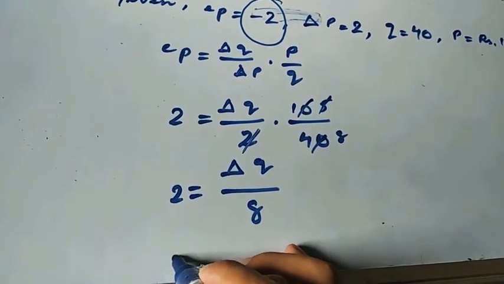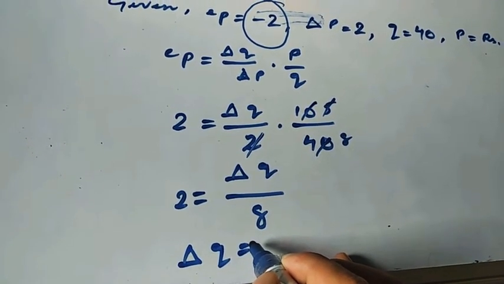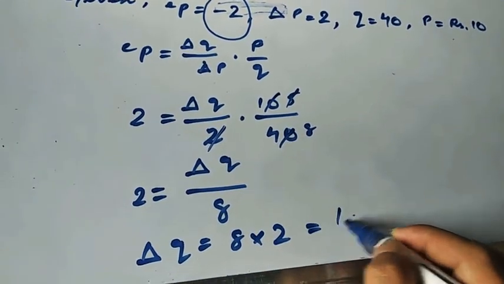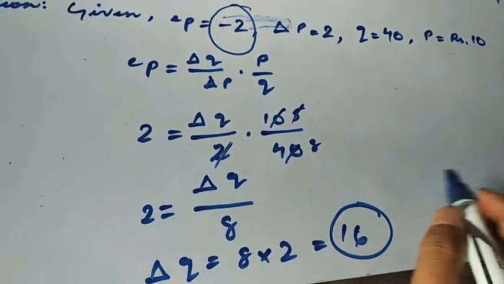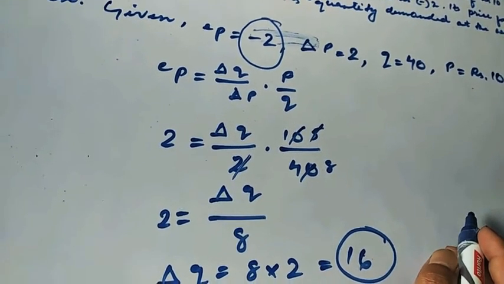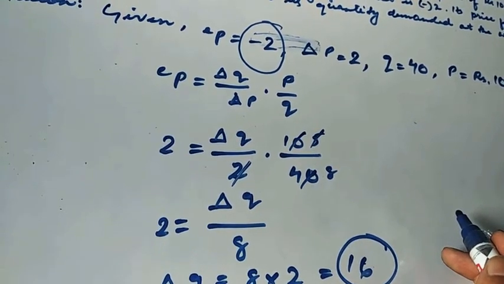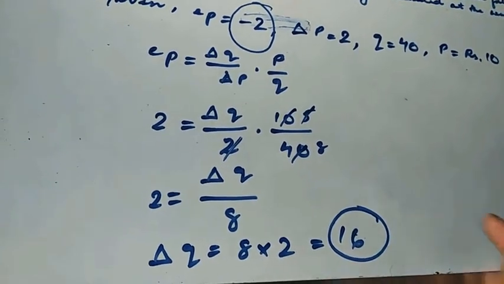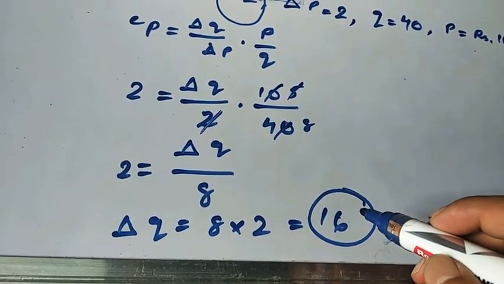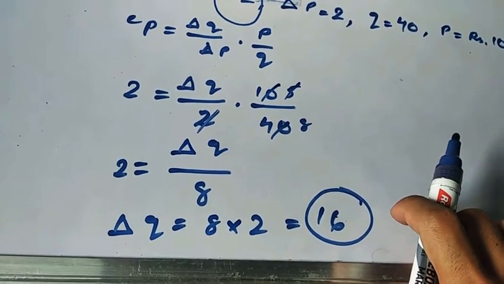So change in Q equals 8 into 2, which is 16. So the quantity demanded will increase by 16 units.